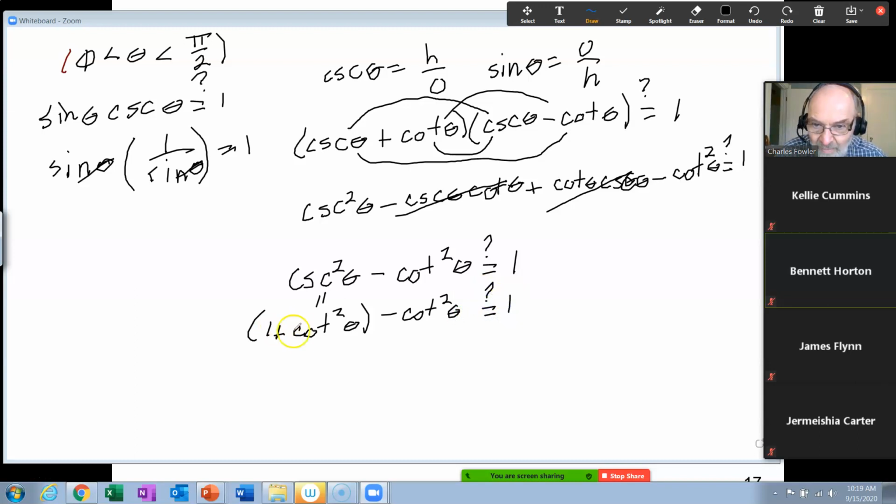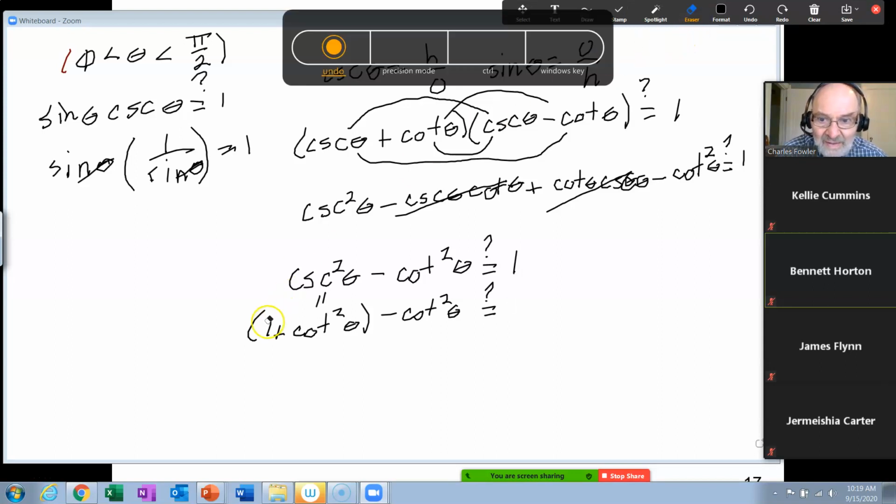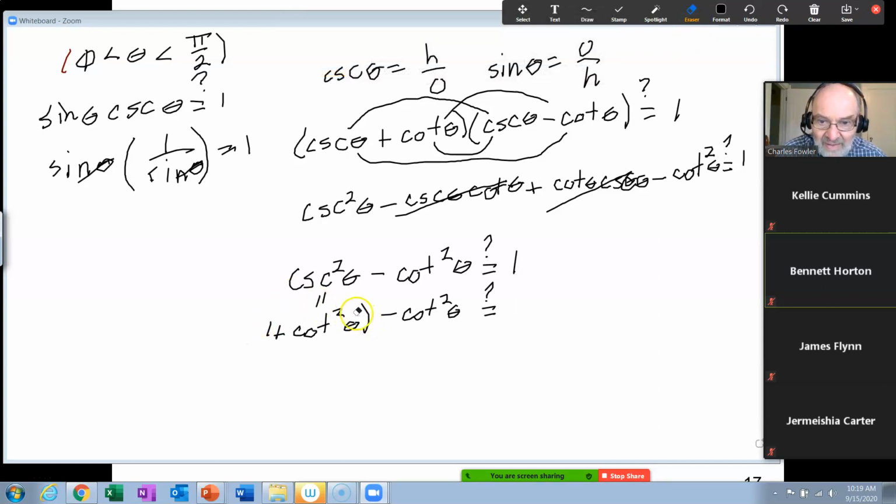It sure is looking a lot more like it, because you could literally forget about the parentheses here because they're not really changing anything. So erase that and that. And when you do that, you'll notice plus cotangent squared minus cotangent squared is 0, and there you have 1 is equal to 1. Sure enough, that checks. You made the left-hand side look like the right-hand side.